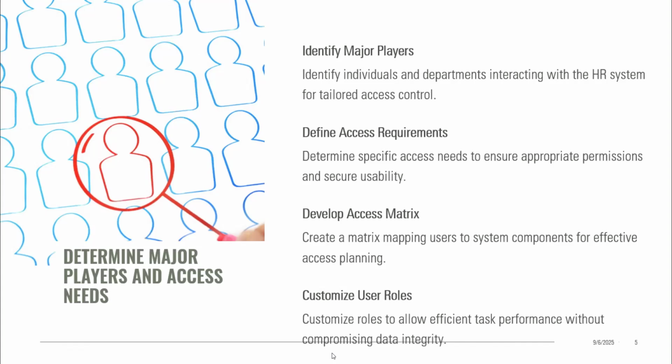Mapping helps us use the system components for effective access planning. Next is to customize the roles to allow efficient task performance without compromising data safety and integrity. This is very technical. You have to determine the major players and accessibility because data privacy should be considered. That covers the third step, determining the major players in the system.